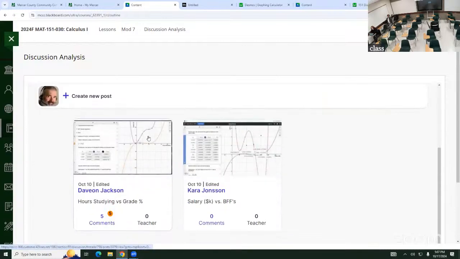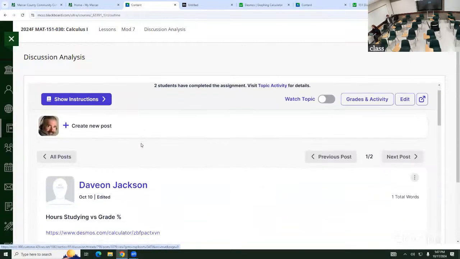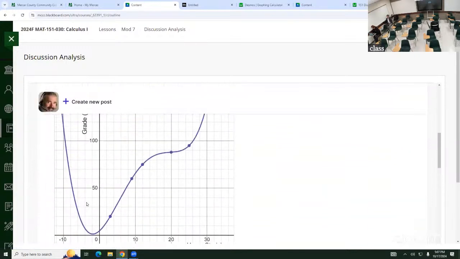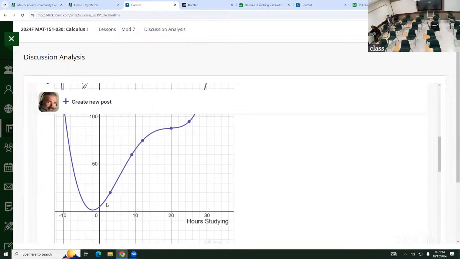Devon. Devon's graph has a what? What do I see? Just looking at it, what do I see? Maximum, a minimum, inflection point? Devon, what do you have on this graph? When you saw it, you were excited because it has a what and a what?